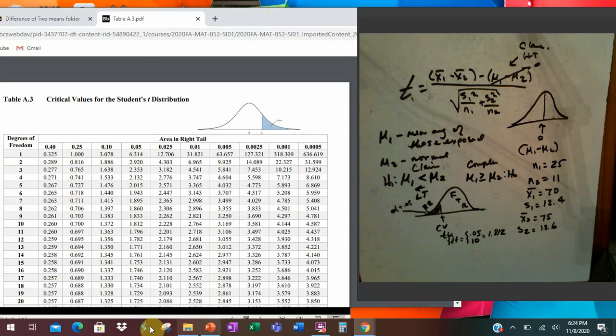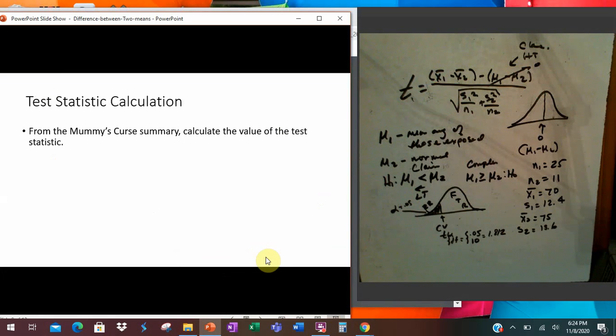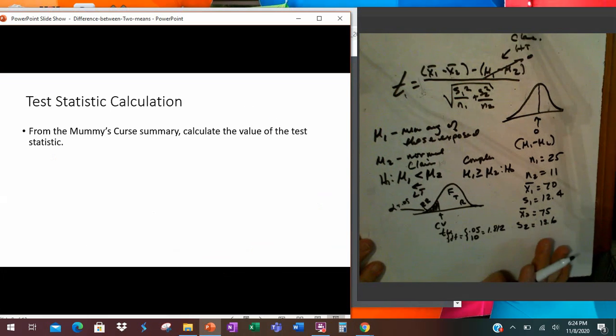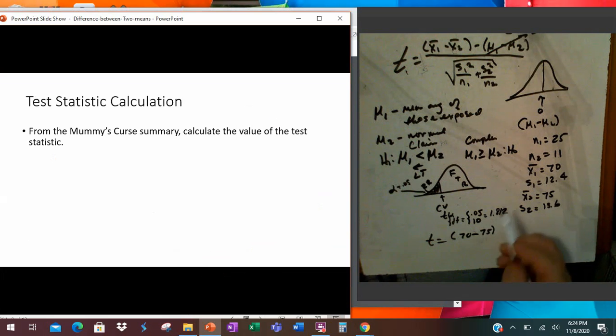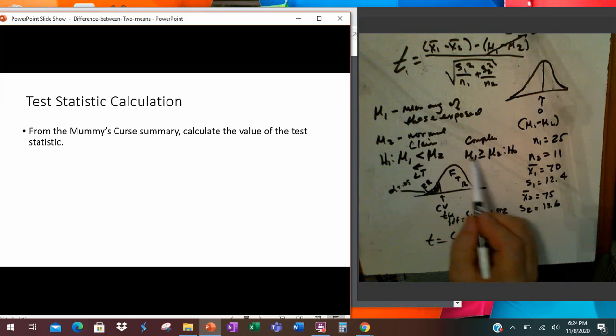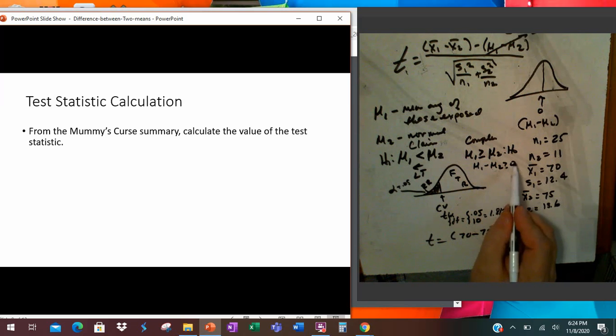So now we're going to finish. Back over. So here's our test statistic. So we're going to do this T. Our X1 bar, 70 minus 75. And this is basically, if we're saying this is going to be mu1 greater than or equal to mu2, the differences, if I subtracted both, is basically 0.